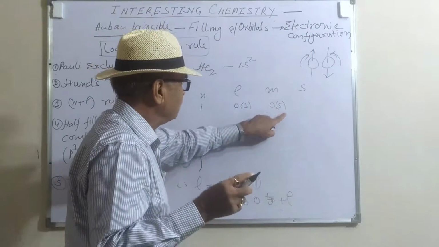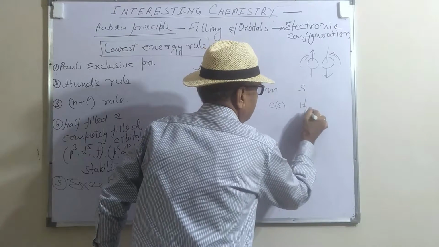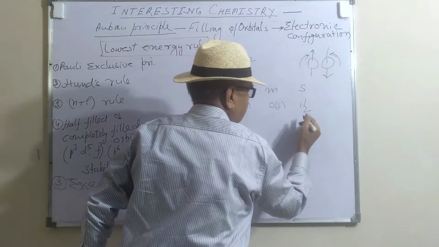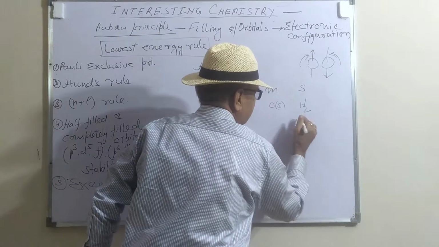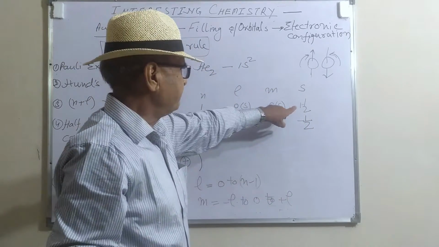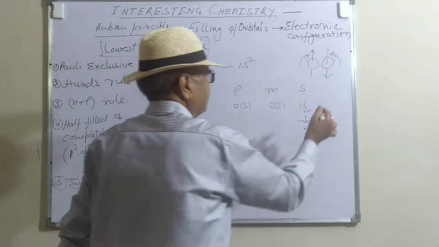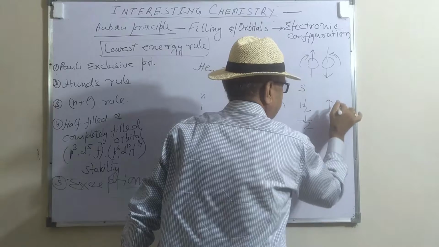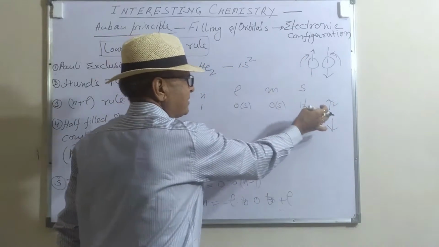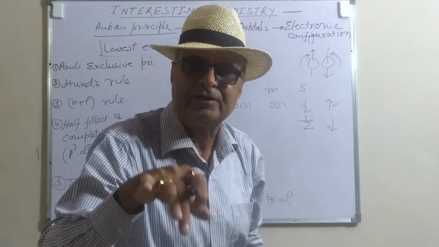Here you show this one as plus half, clockwise, and the second electron as minus half, anti-clockwise. An upward arrow shows clockwise, and a downward arrow shows anti-clockwise.